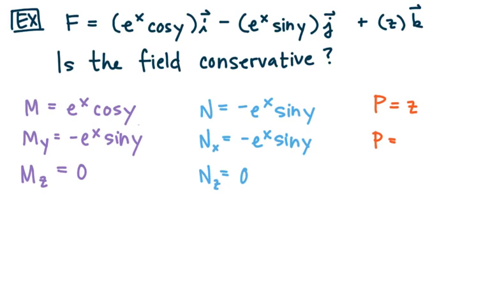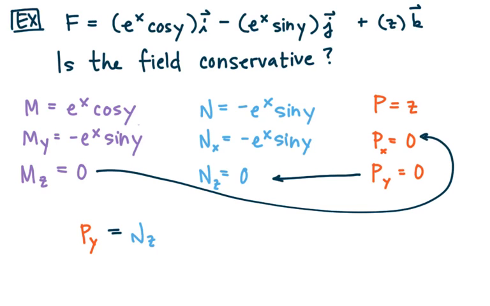P with respect to x is 0. P with respect to y is also 0. P_y and N_z: P_y is equal to N_z, so that is one part. M_z equals P_x, as you can see there, and N partial with respect to x equals M partial with respect to y.